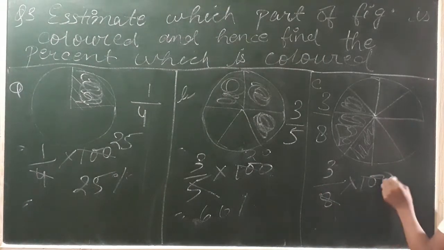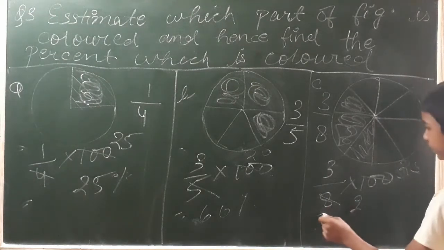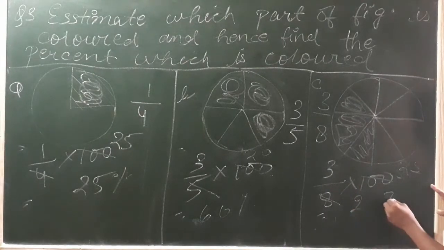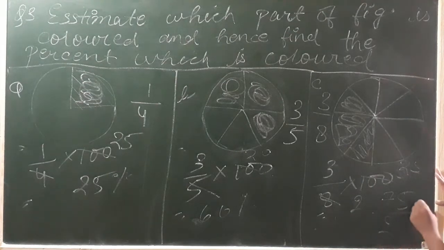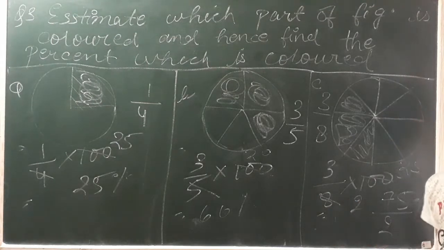When we cut, 100 by 4 is 25 and 8 by 4 is 2, and 3 times 25 is 75, upon 2. You can write it in fractional form, mixed form, or in point form also. So this is your answer: 75/2%, 60%, and 25%. You can take a screenshot also.